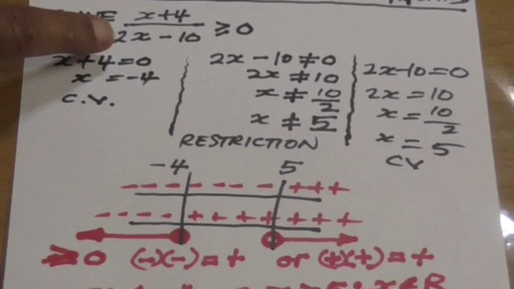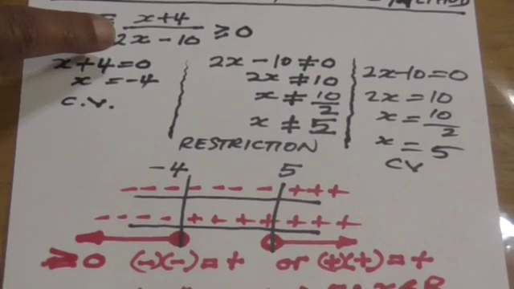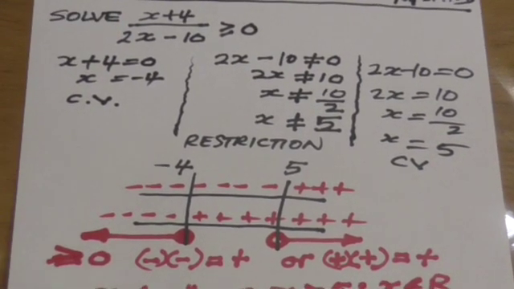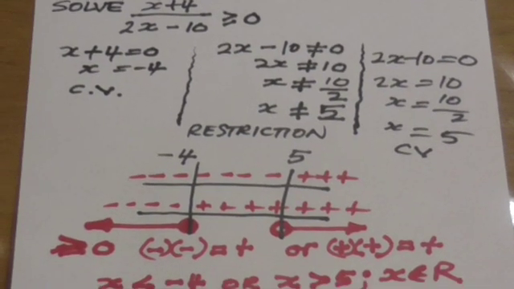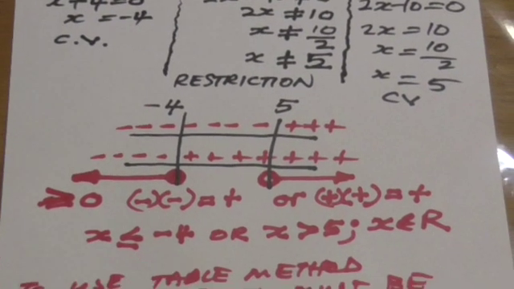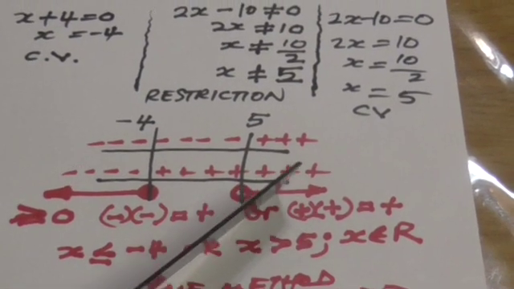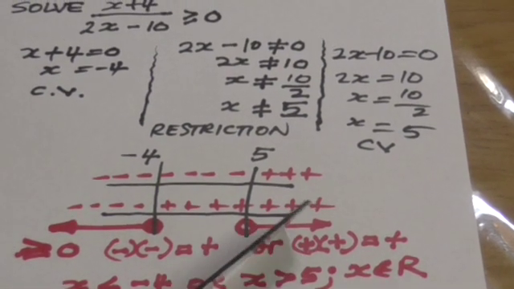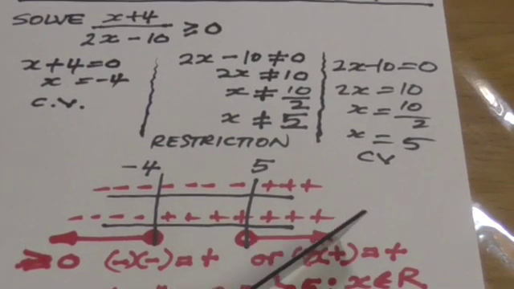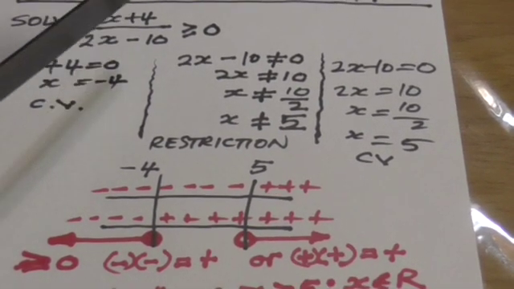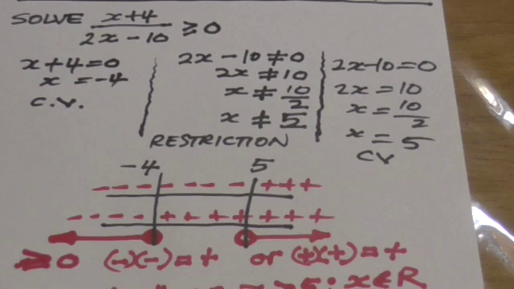Put it in here, substitute and see if it's true. Then you must take numbers that are more than 5. Don't take 5. 5 is a restriction. You take the numbers more than 5. You can take 5.5, 5 3/4, 6, 7, 8, 9, 10, etc. Substitute them here and see if it is true.